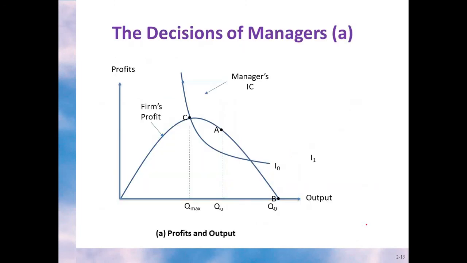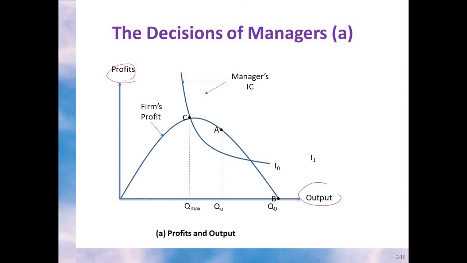Again, the choice for consumers, if I can recall, is between two goods, good A and good B. The choice for workers is between working to get income and leisure. For managers, the decision is between profits and output.